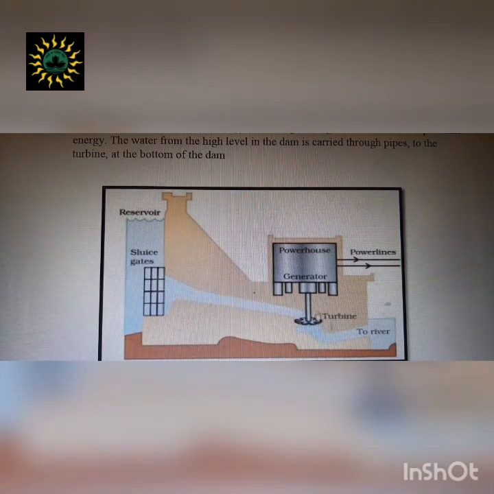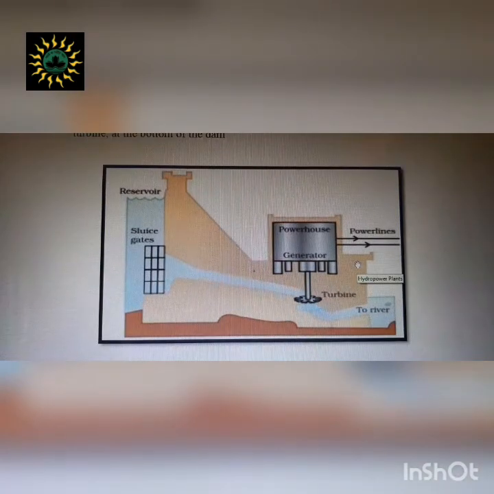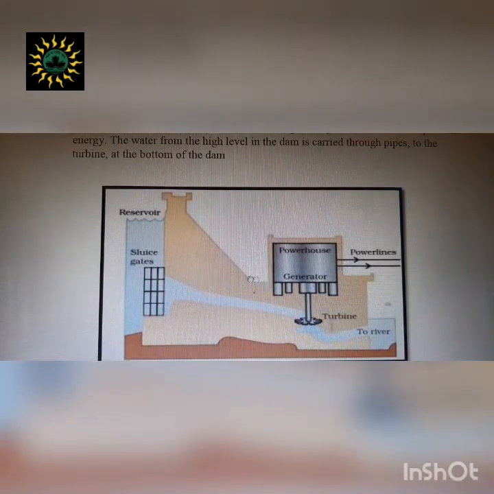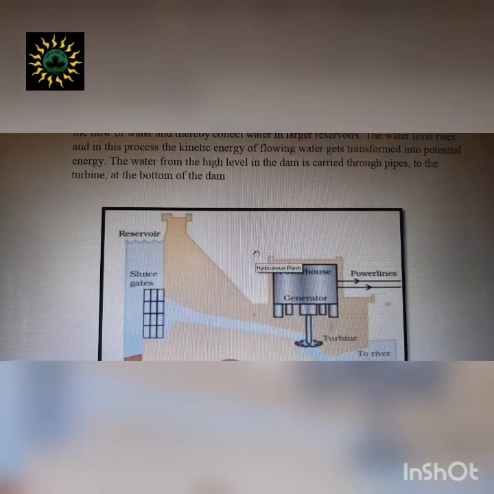If the turbine rotates, the shaft also rotates, and if the shaft rotates, the generator generates electricity, which is distributed to the transformer, and from that to the grid through distribution lines. That is the basic concept of hydroelectric energy.